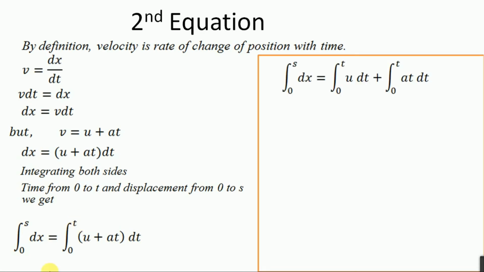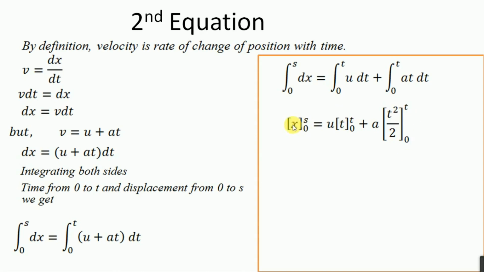Now I'll open this bracket and integrate. The integration of dx is x with limits 0 to s, and the integration of u dt, u is constant, so the integration of dt is t, plus a will come out because it's a constant, so the integration of t dt is t square by 2, with limits from 0 to t.